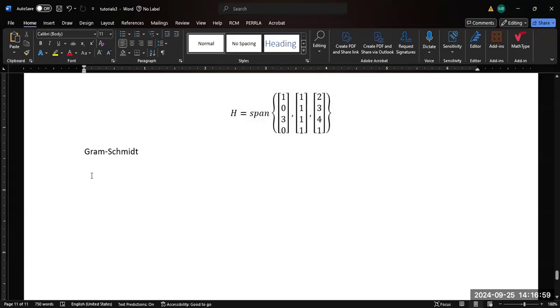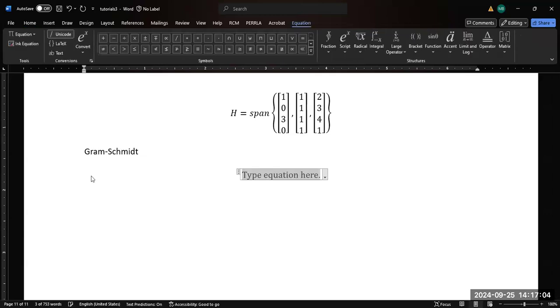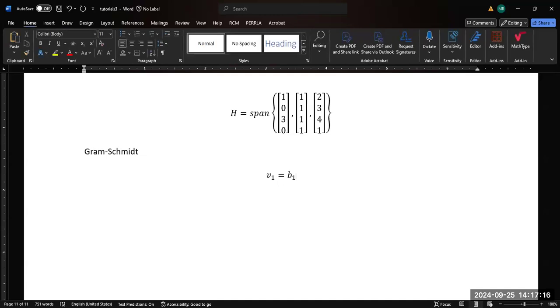Essentially, the first step is just to take the first vector, V1, and designate it to be the first basis vector in our new vector space. So V1 is B1. There's no restrictions on what this vector can be because there's no other vectors in the set. And so for right now, that's super easy.